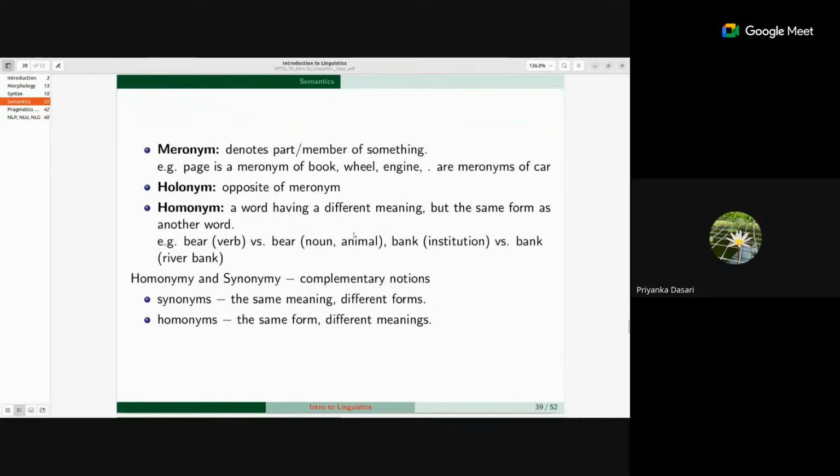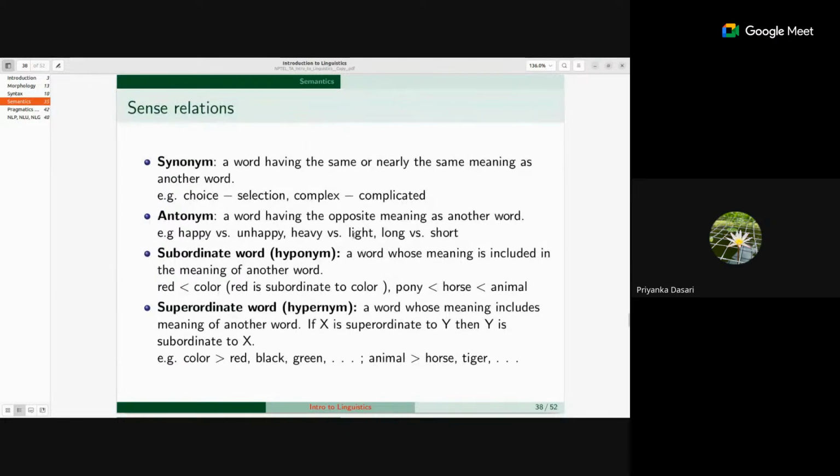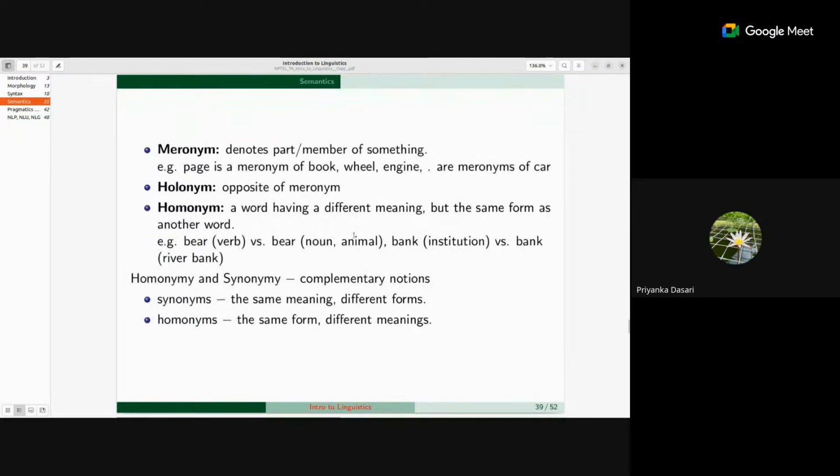A meronym denotes a part or member of something. Page is a meronym of book. Wheel and engine are meronyms of car. Here there is a difference between hyponyms and hypernyms, and meronyms.